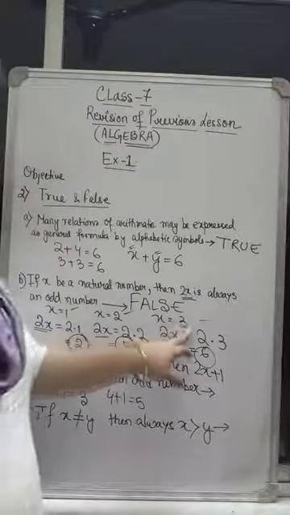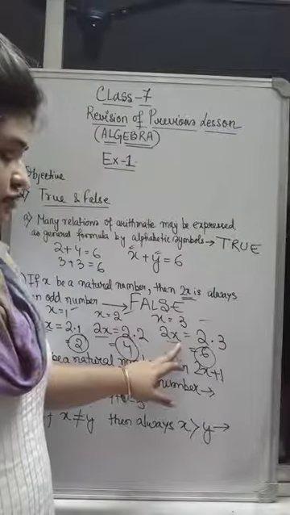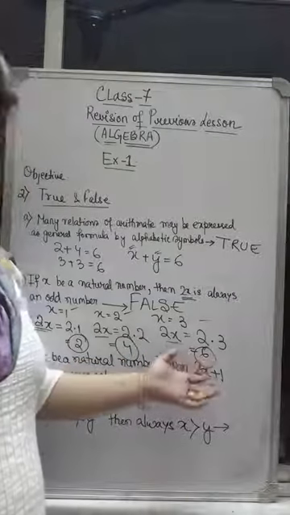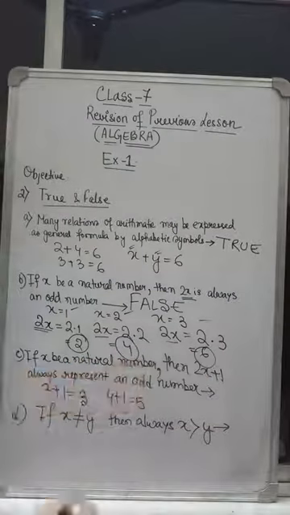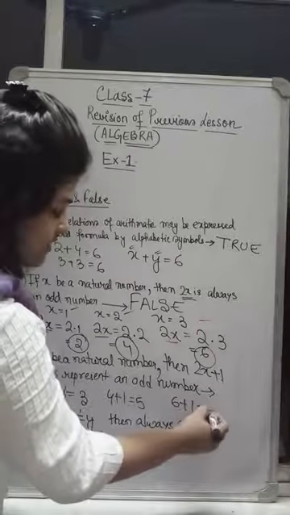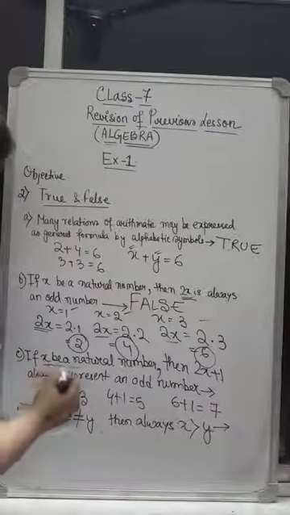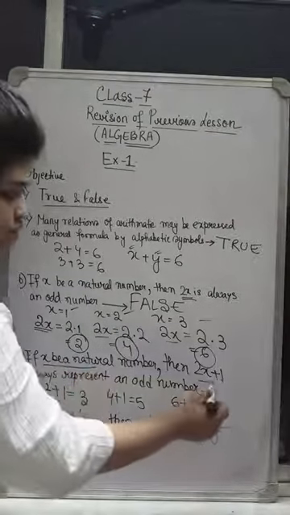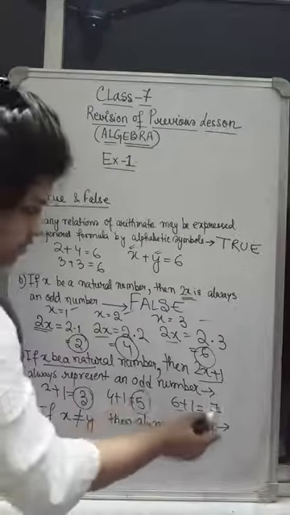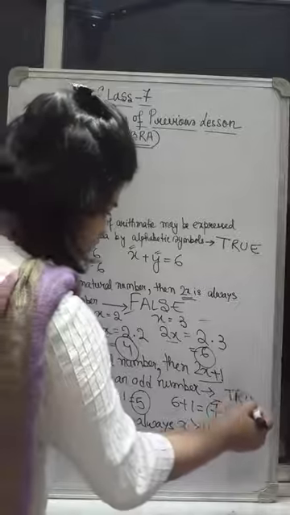Similarly, if x is equal to 3, a natural number, if you put the value of x, the 2x value will be an even number, and if you add 1, it will be an odd number. So if x is a natural number, then the 2x plus 1 value will always be an odd number. So this will be true.